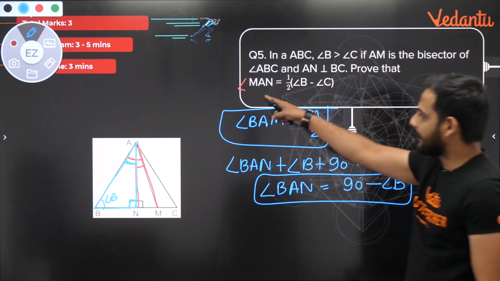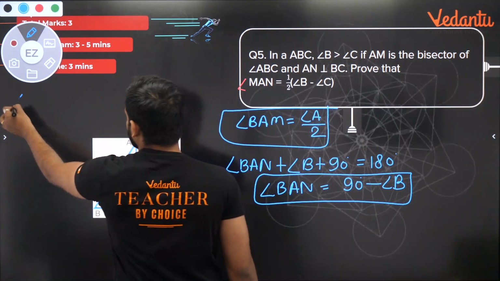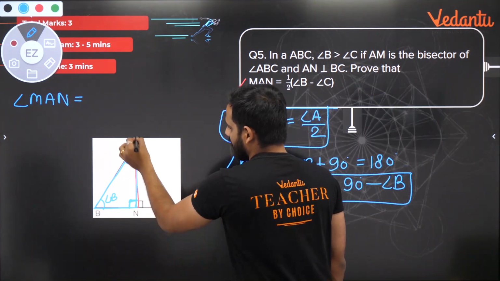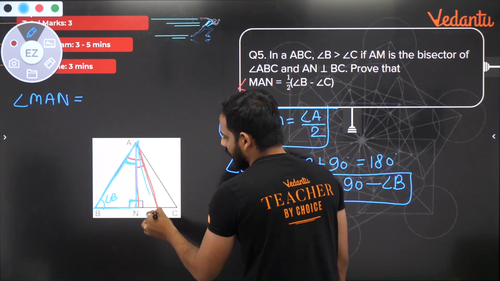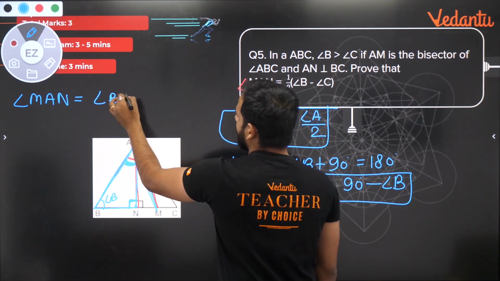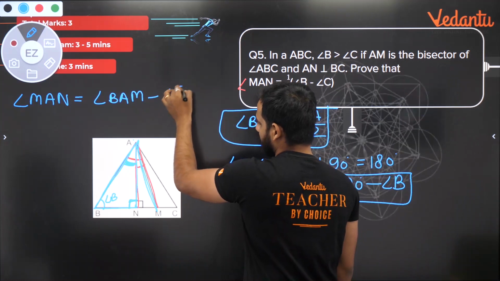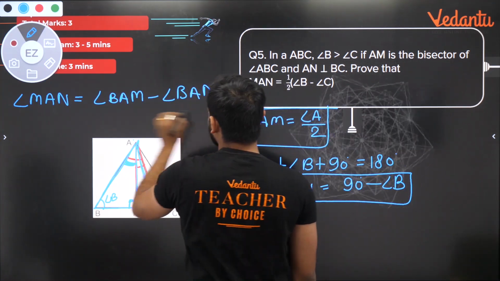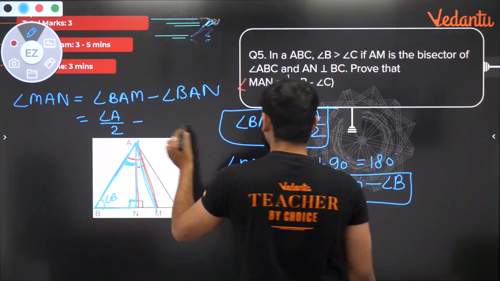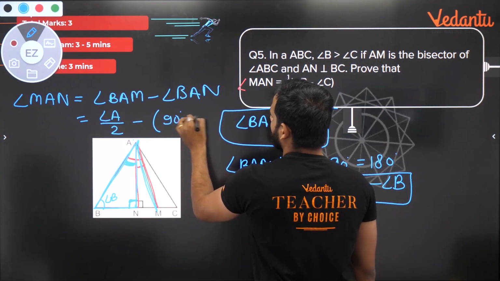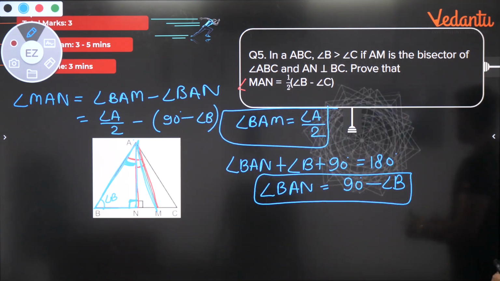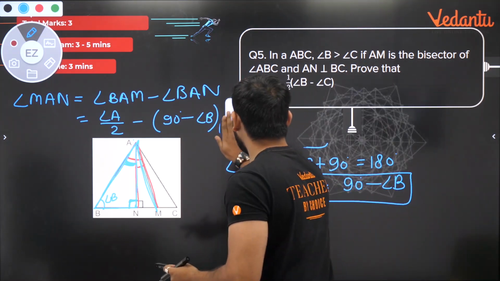We know that angle MAN can be written as angle BAM minus angle BAN. BAM we have got as angle A by 2, minus 90 minus angle B. Now this part I need to solve further.